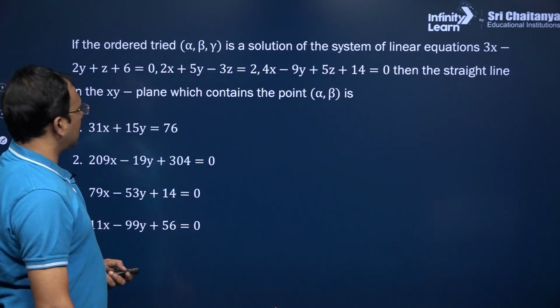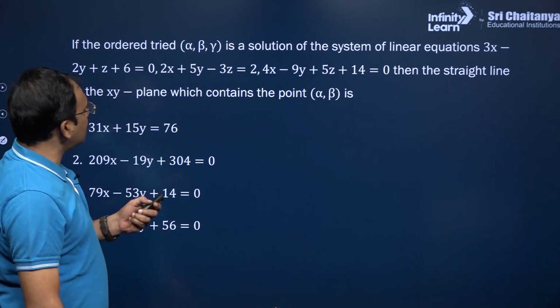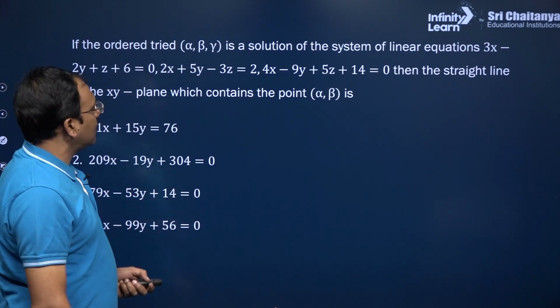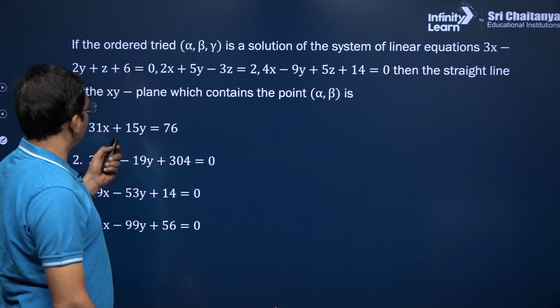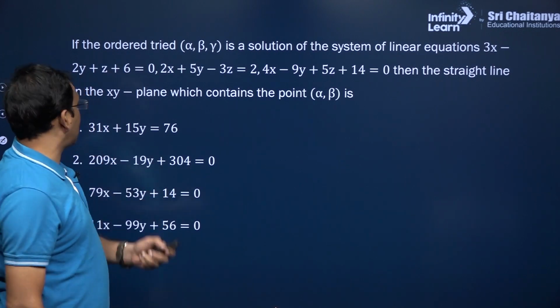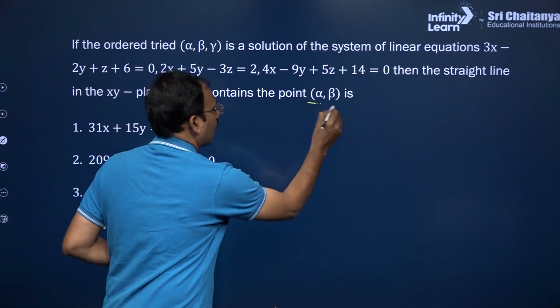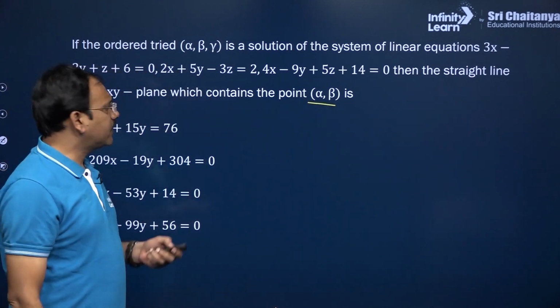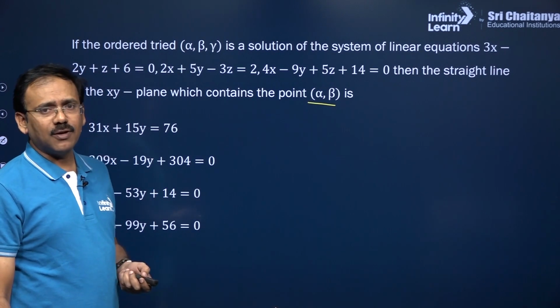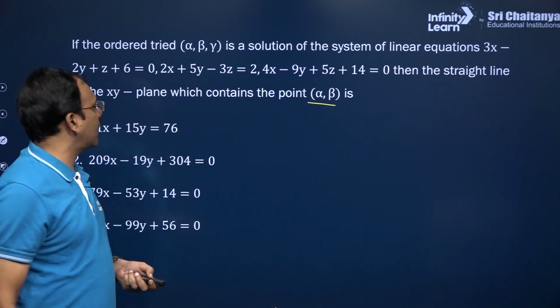Next, this is the ordered triad alpha, beta, gamma, a solution of the system of linear equations. Then find the straight line in the xy plane which contains the point alpha, beta. That means you need to find a solution of this. Let us go with the rank method.